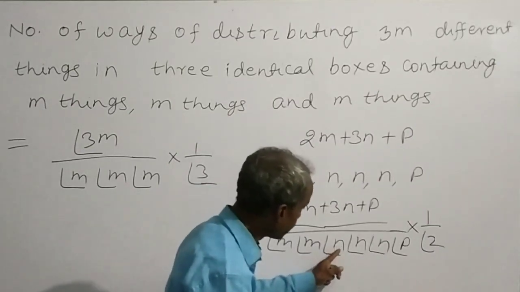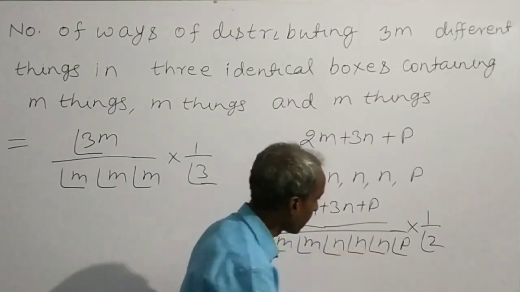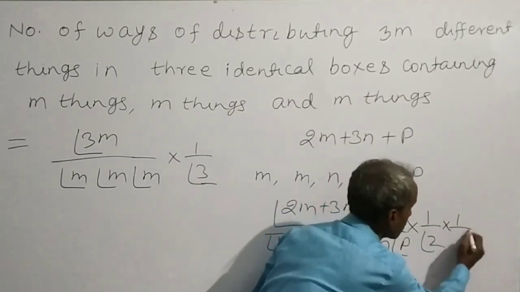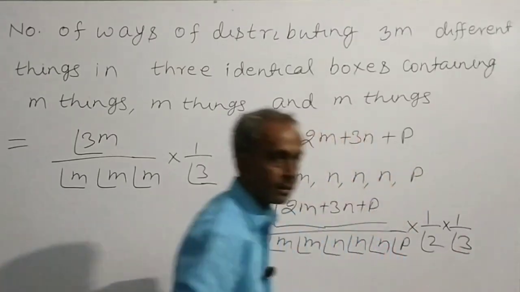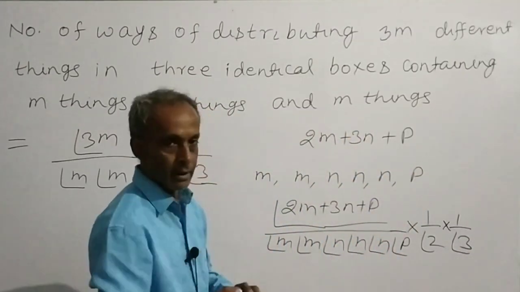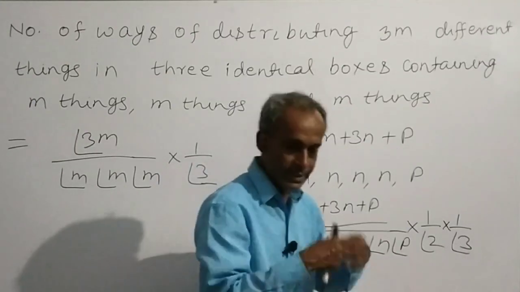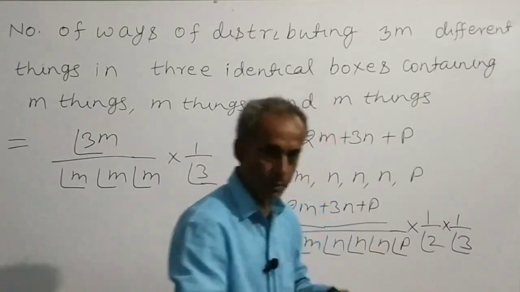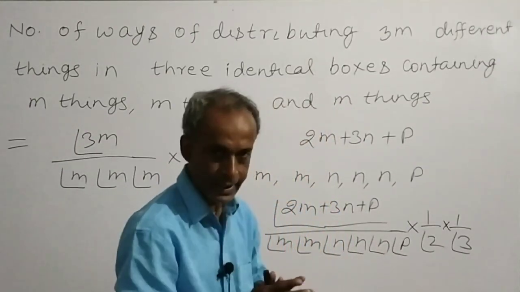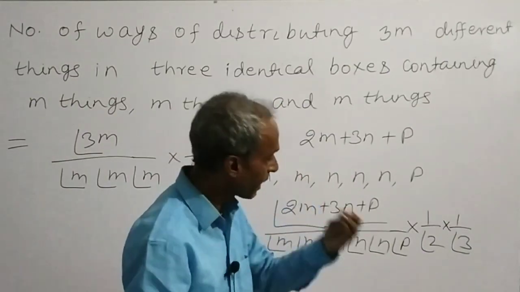Number of things in 3 boxes are equal, therefore we will also divide by factorial 3. In this way, we can easily write the number of ways of distributing different things in identical boxes.